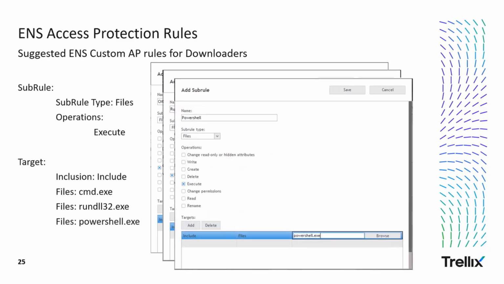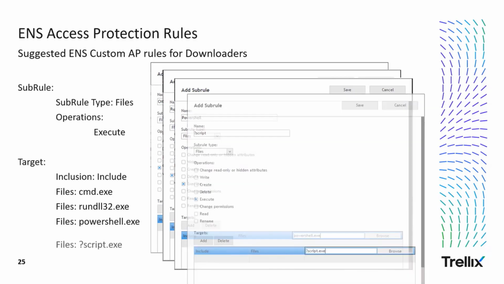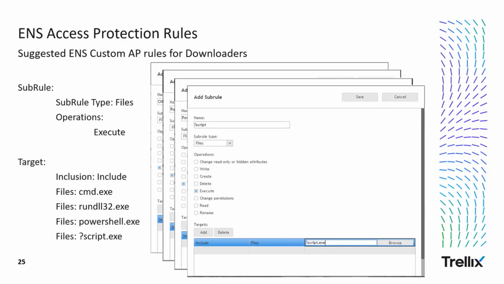And the next one we're looking at, we're doing the exact same thing, but we're adding PowerShell. So name PowerShell, sub rule type is files, the operation is execute. We have a target of include, and then our file is powershell.exe. And last but not least on this particular one is ?script. We saw wscript execution.